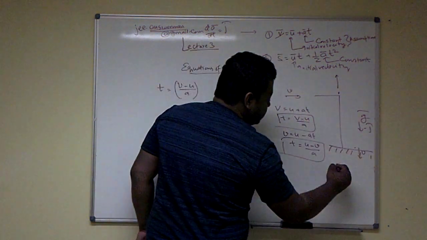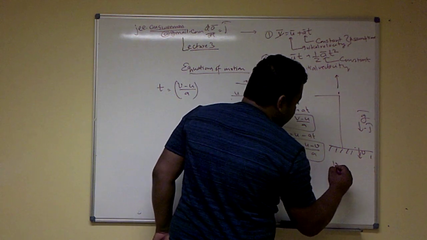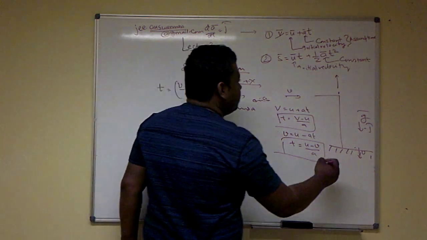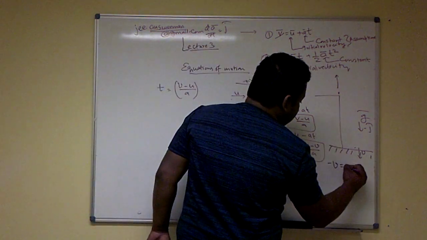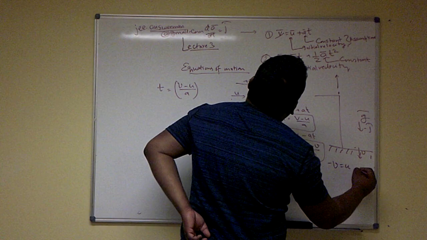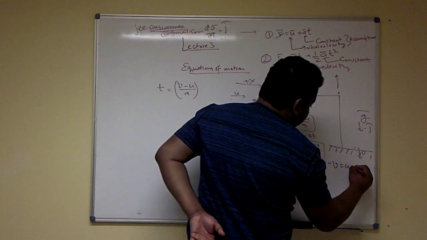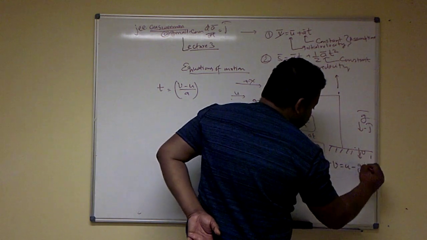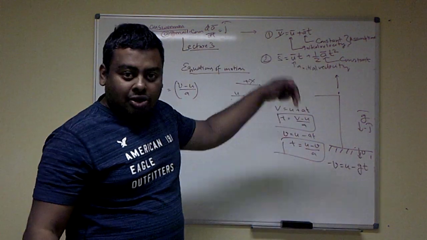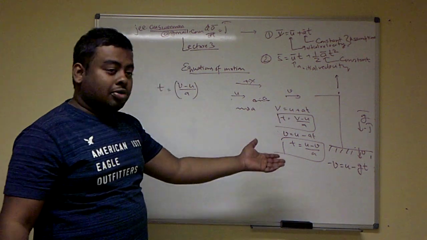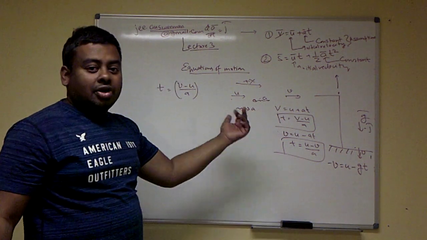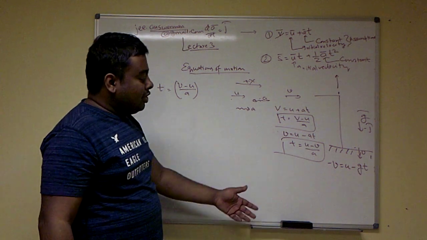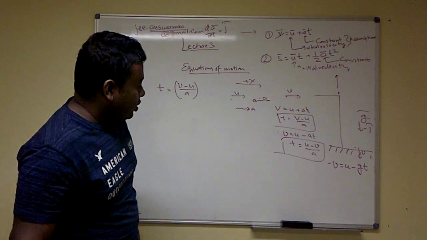So for this case, v will be written as minus v because it's in the negative j cap direction. U will be written as u j cap, and this acceleration is minus g, because it's in the minus j cap direction, and you will write it like this, and then you can figure out the time from there. Or if the time is given, you can figure out the velocity from there.